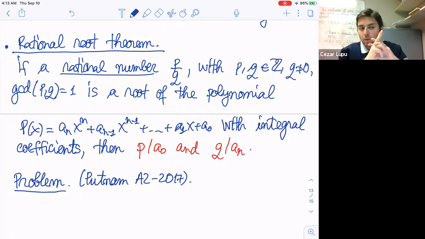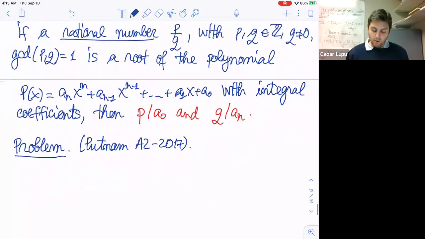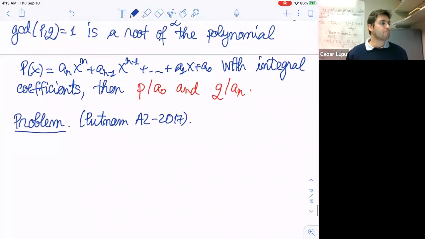I think we'll have 2 lectures devoted to solving Putnam problems from 2019 and 2018. So I'll avoid solving problems from the last 2 years during my lectures. Anyway, now the problem says the following.